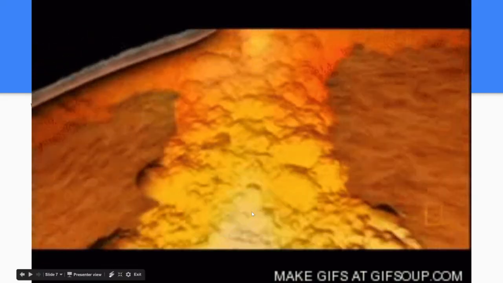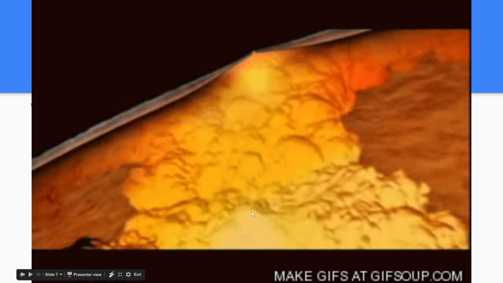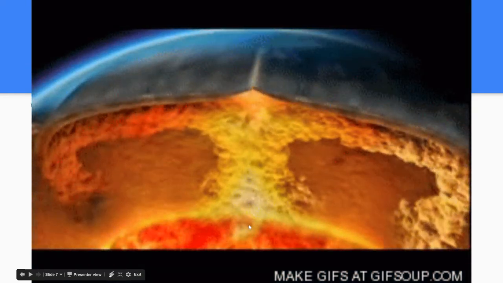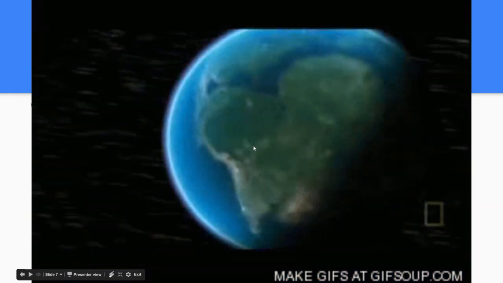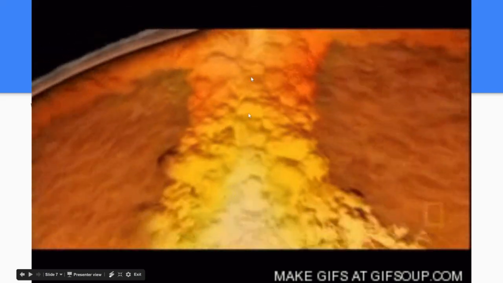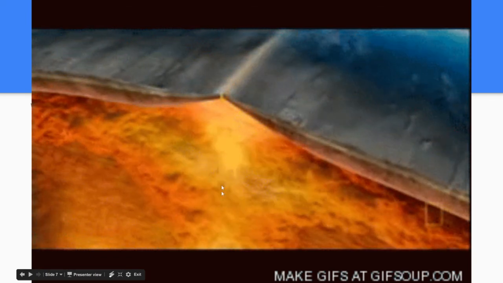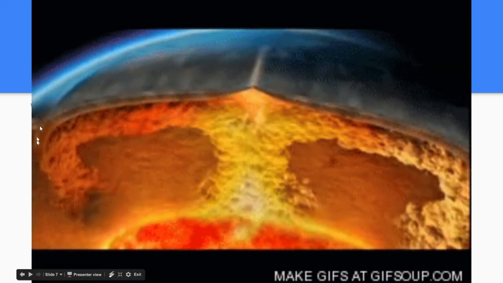Here's another cool example. This is what happens inside of the Earth. So we've got liquid rocks, okay? And the center of the Earth is very hot. So at the very center of the Earth, very hot, the liquid rock becomes less dense. It comes up, because things that aren't very dense, they float.